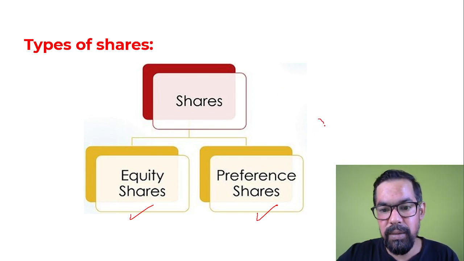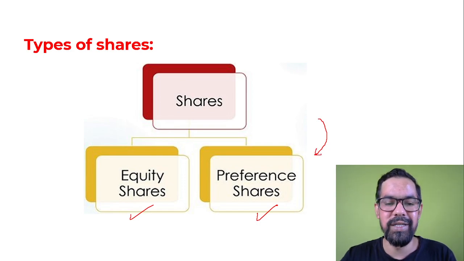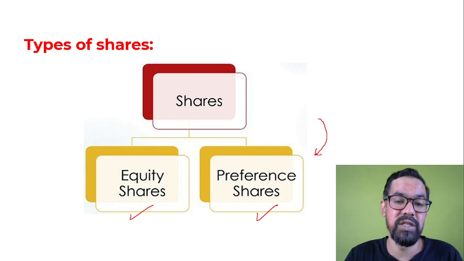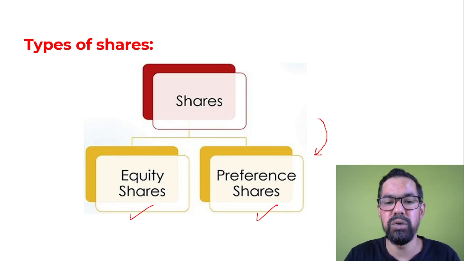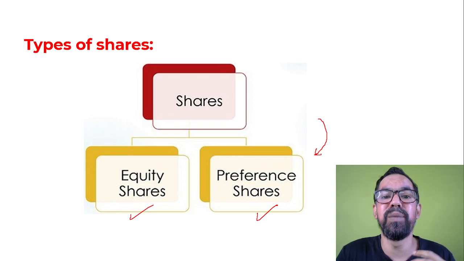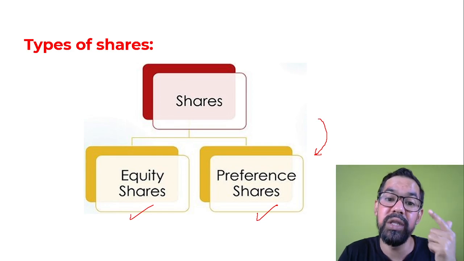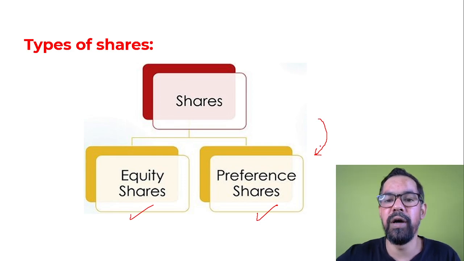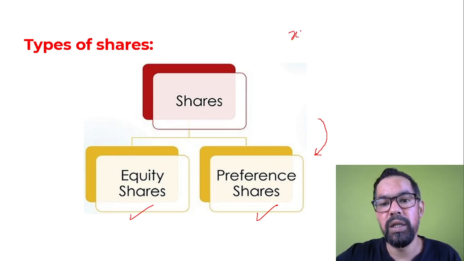As the name states, preference shareholders have certain preferences over equity shareholders. Basically they have two major preferences. One is at the time of dividend distribution, where their dividend is fixed. Let's say this XYZ company made a profit of 100 crore in a financial year.